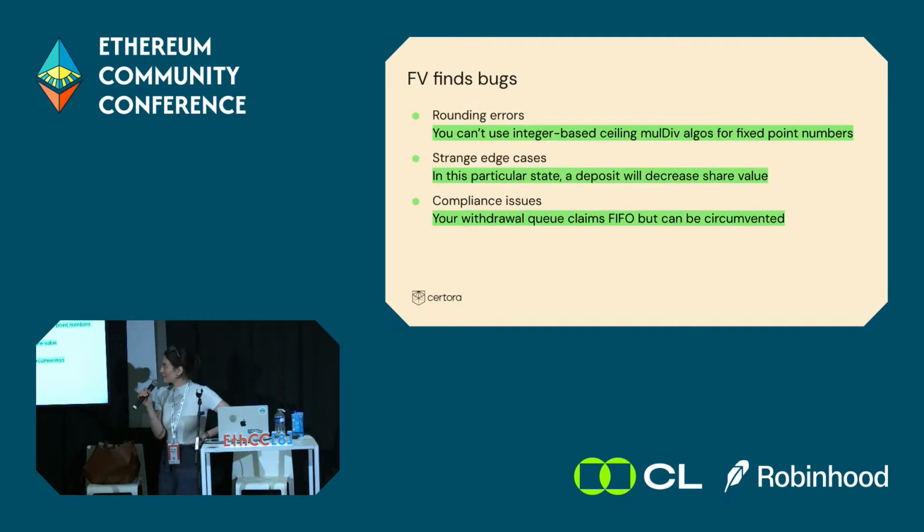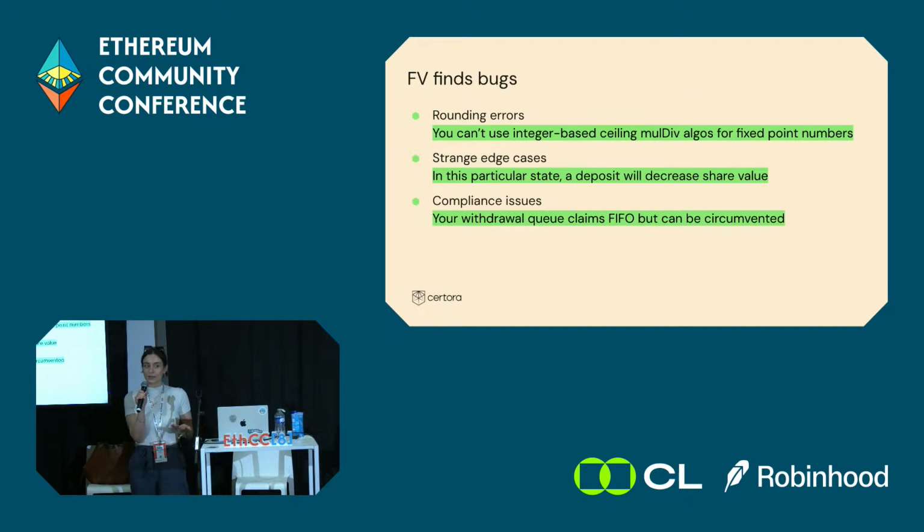Wonderful. So let's look at the first one. Formal verification finds bugs. Actually, we can find all kinds of bugs, and especially the super strange ones, the ones that are not as obvious. So we can find rounding errors that are not super obvious. For example, recently in a project, we found a rounding error in a muldiv that used a classical integer-based algorithm for a ceiling muldiv operation, but it was actually used on fixed point numbers.